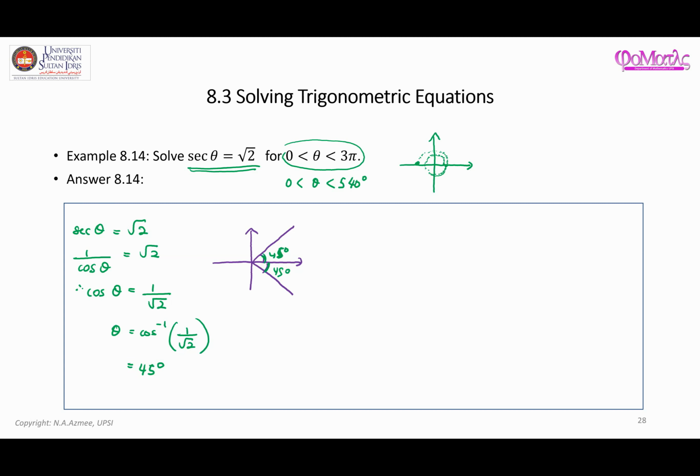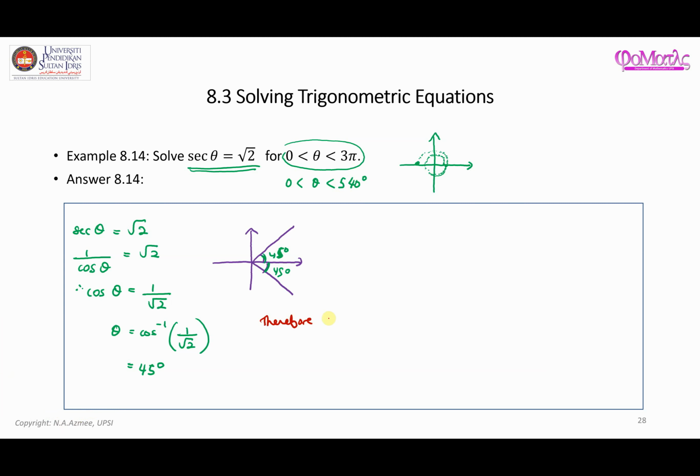Now we are going to list down all possible values of theta, because theta has a range of 0 until 540 degrees, not including 540 degrees. So what we're going to do is consider, therefore, the final answer.